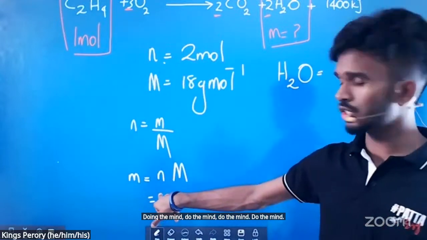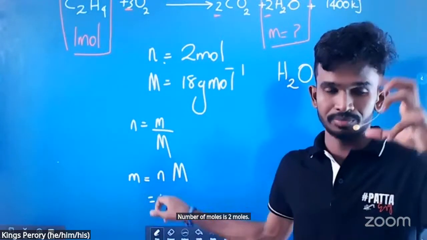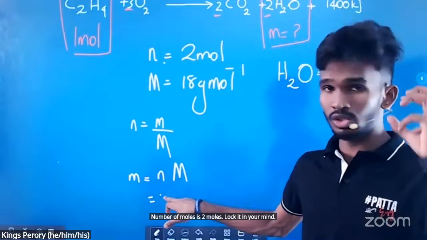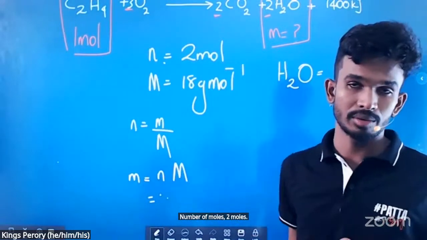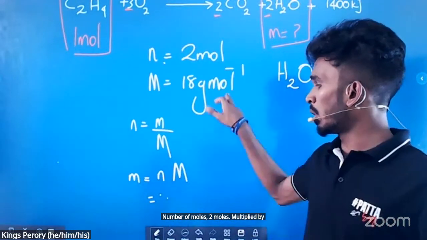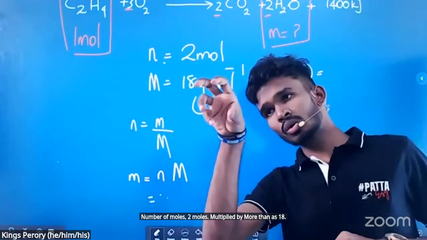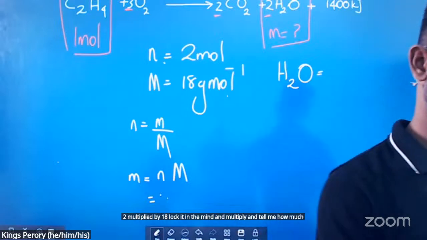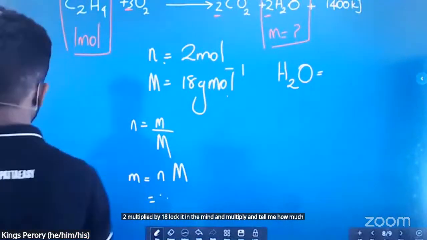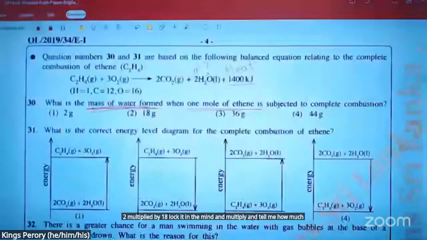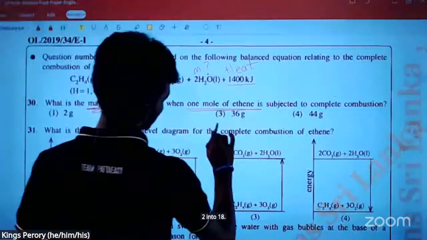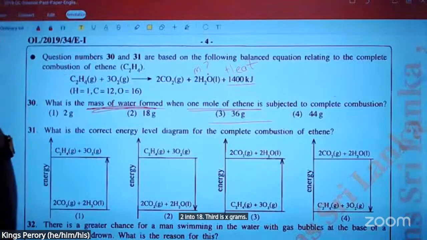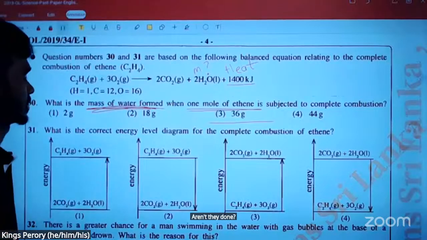Number of moles is 2 moles, multiplied by molar mass 18. 2 multiplied by 18. Lock it in the mind, multiply and tell me how much. 2 into 18, 36 grams. Answer is 36 grams.